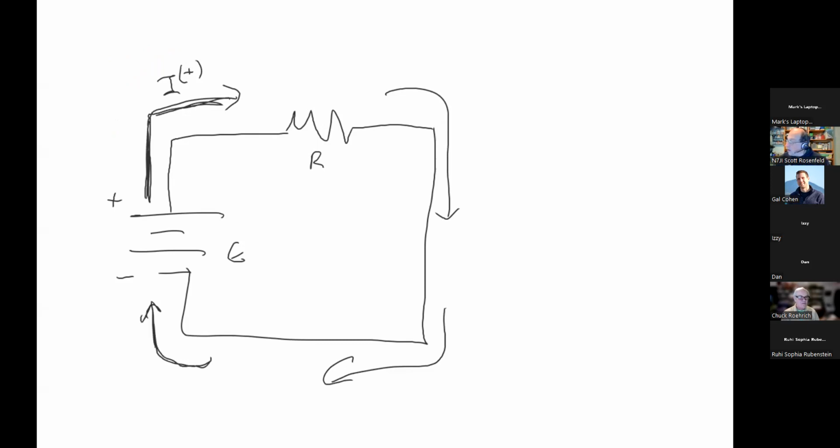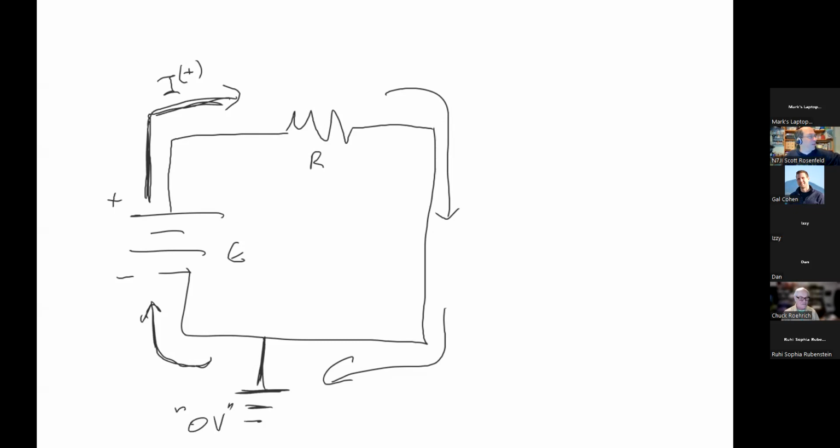And if we use something called a ground, this is defined as 0 volts. That's our zero potential point. So very often that is our reference point for 0 volts in a circuit.